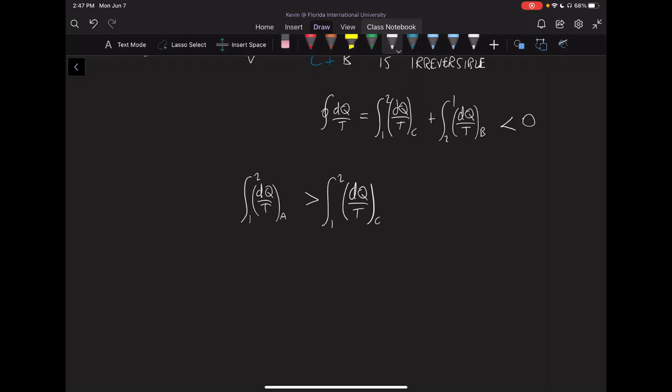And now what we can say is that we remember that entropy is independent of path. Okay, we had derived earlier that entropy was independent of path. The change in entropy didn't matter as to the path. So what does that mean?